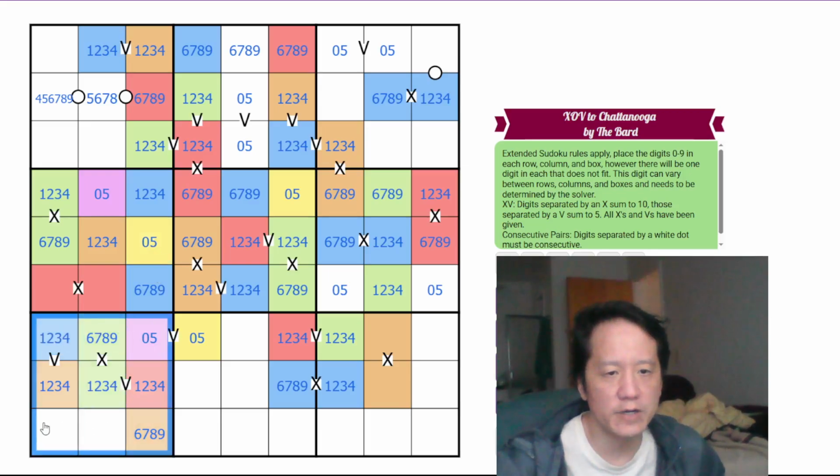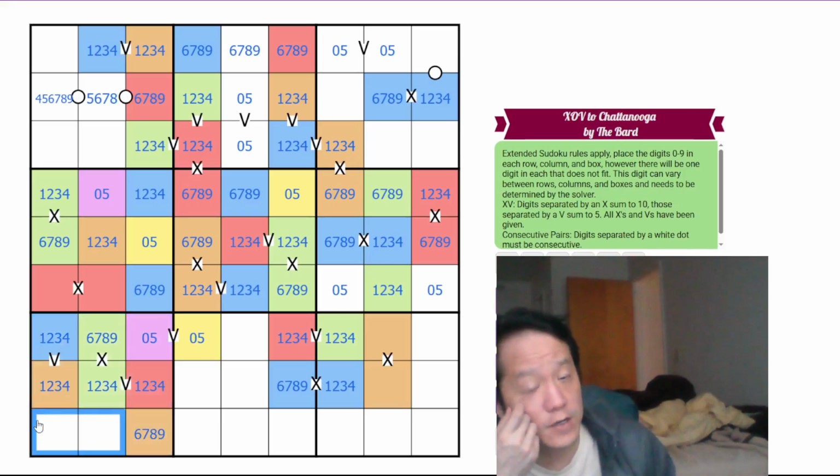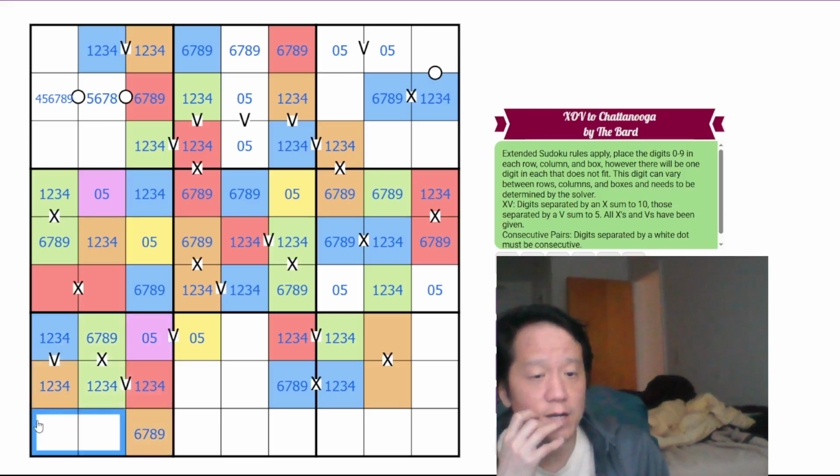Remaining digits in box 7 can be 0, 5 or the high blue and high red. Either of those still work.